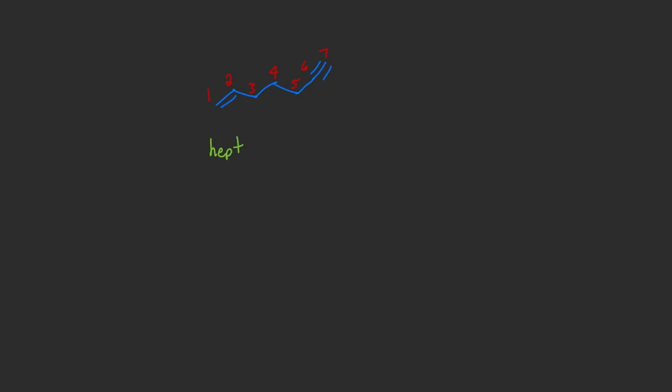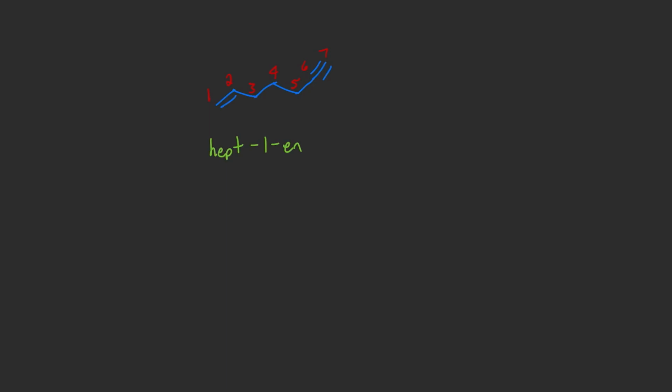And the ene always comes before the yne because of alphabetical order, en versus yne. So here we will get hept-1-ene to show that our alkene is at carbon 1.